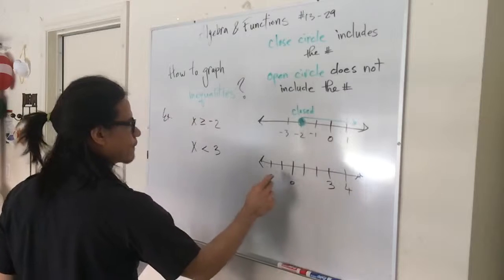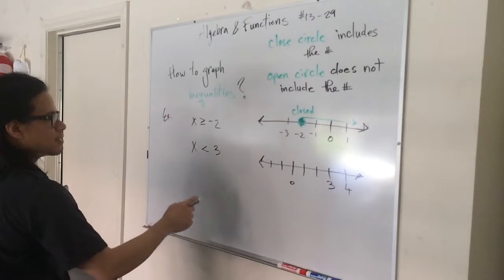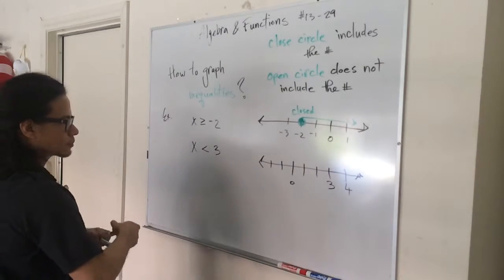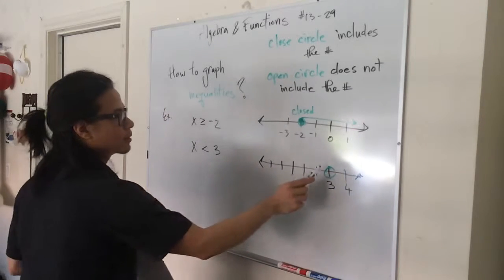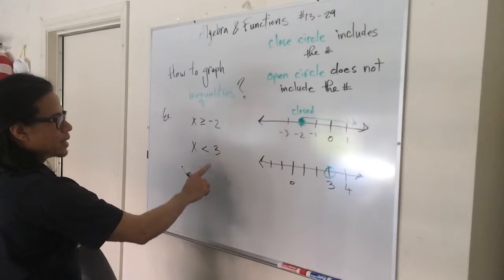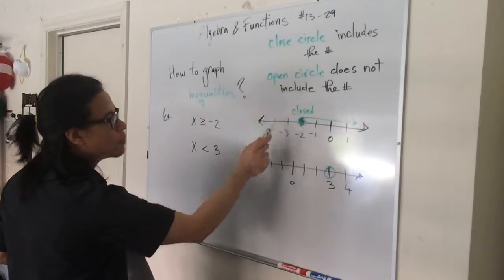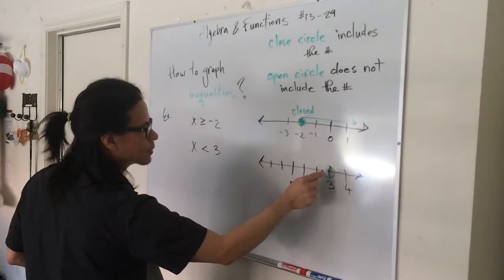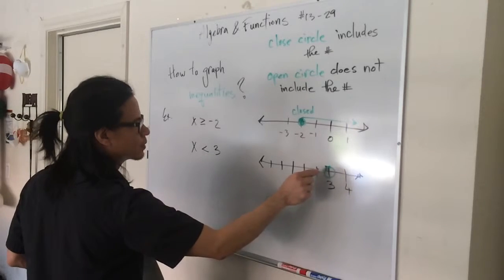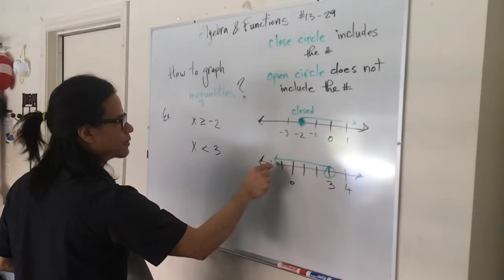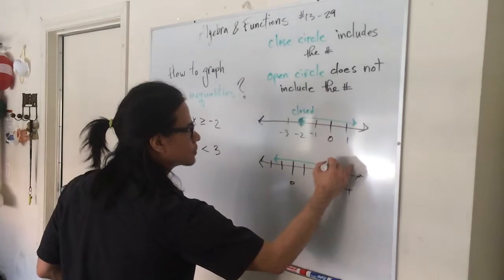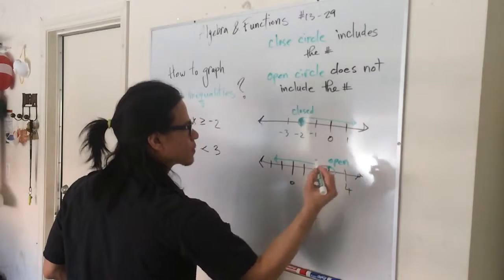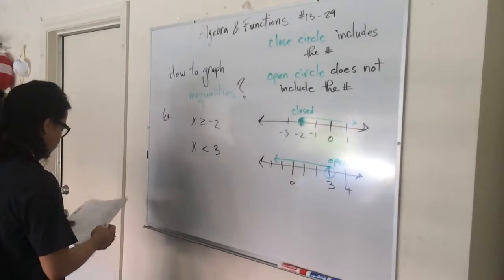If x is less than 3, first let's draw a circle at 3. If it does not include 3, we're going to leave it an open circle. And then, since it's less than, draw an arrow to the left like this. Okay, so this is an open circle.